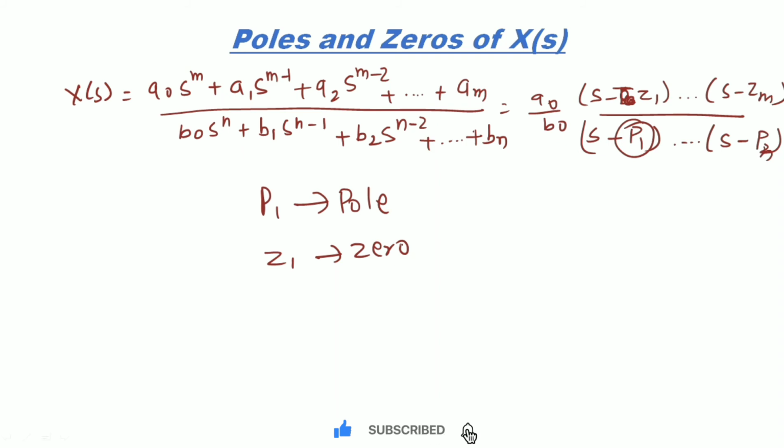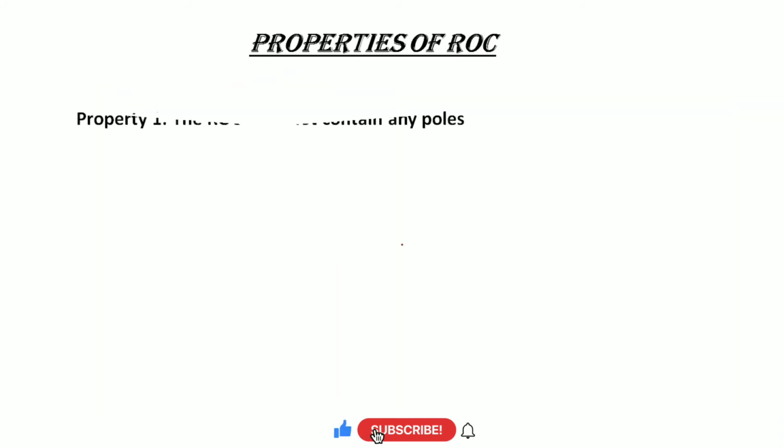Okay, now moving ahead, what are the ROC properties? They explain that the ROC does not contain any pole. When we plot the ROC with the real axis and imaginary axis, we do not find the poles in the ROC.